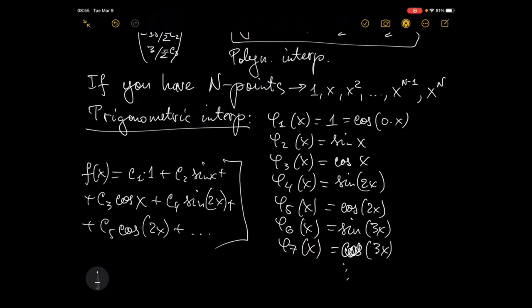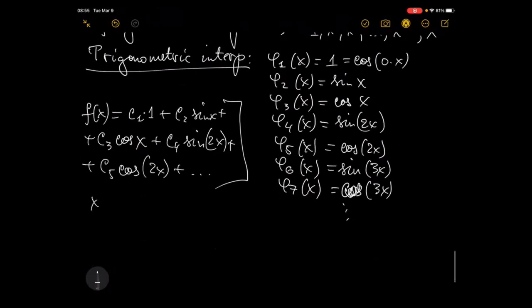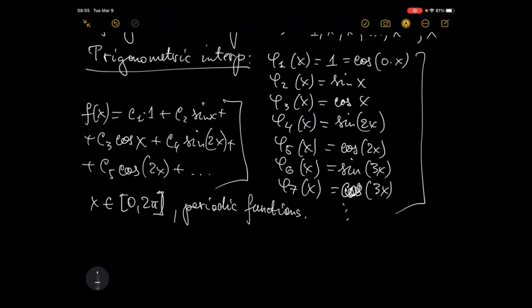So let us consider an interval from 0 to 2 pi. Then I know that my function, and let us consider, for example, periodic functions, I can use this basis, right?